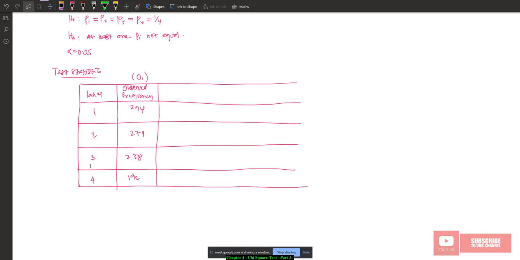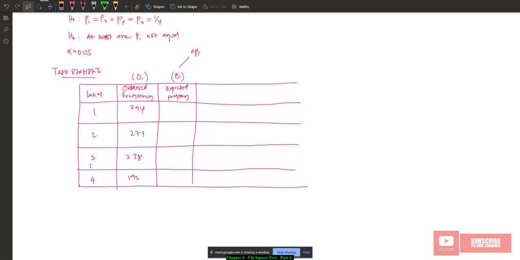Then we need to calculate the expected frequency, E, using N multiplied by Pi, where Pi is the probability of each category.